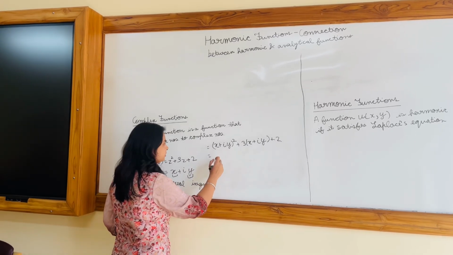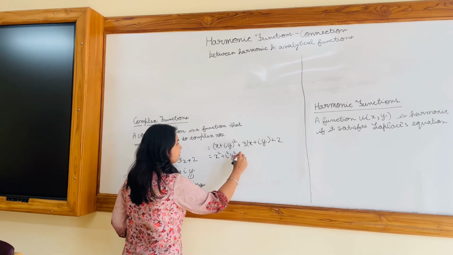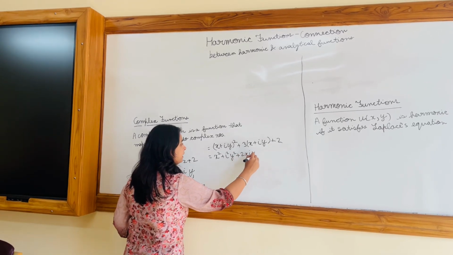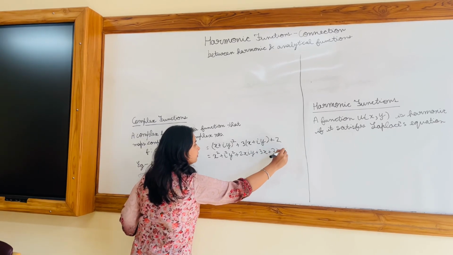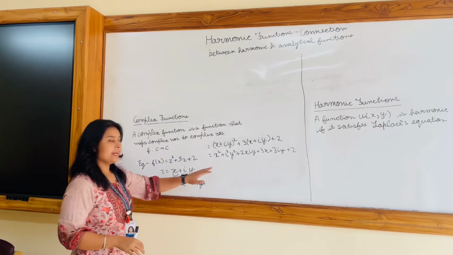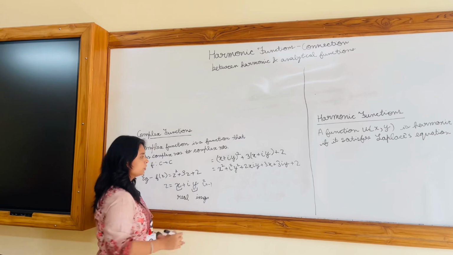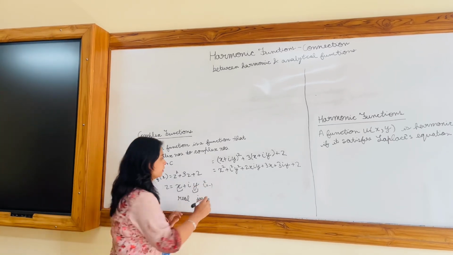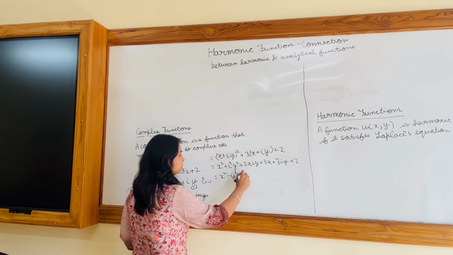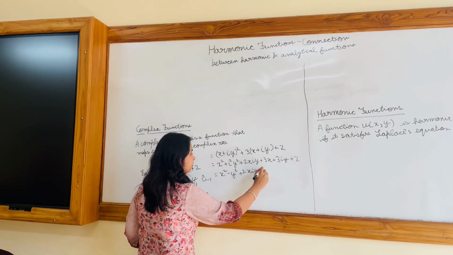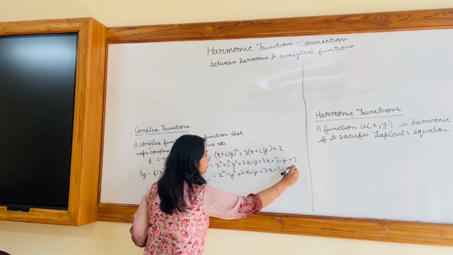Further solving these brackets, it would be x square plus i square y square plus 2x iy plus 3x plus 3iy plus 2. Here we know that i square is equal to minus 1, so we put this value over here. So it would be x square minus y square plus 2xiy plus 3x plus 3iy plus 2.